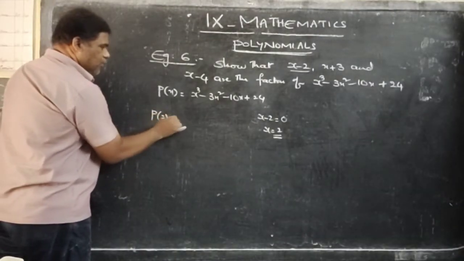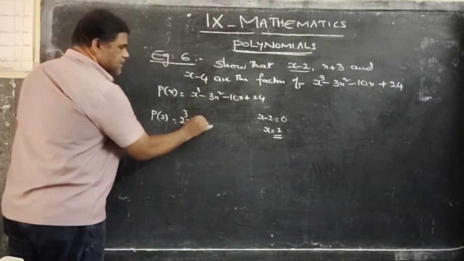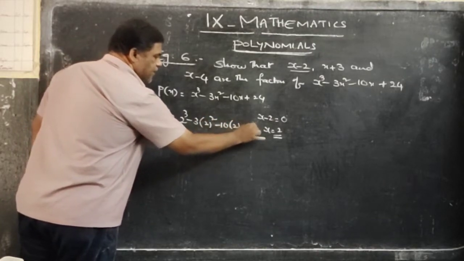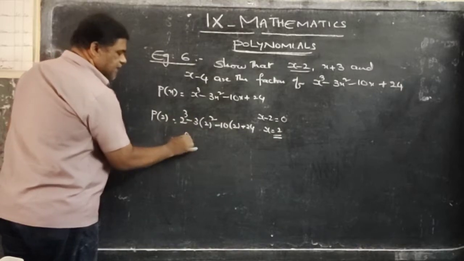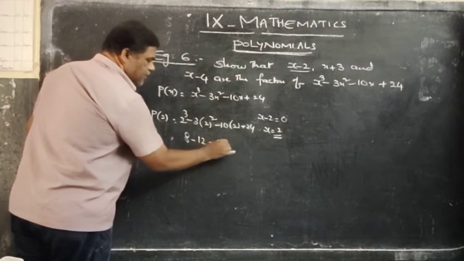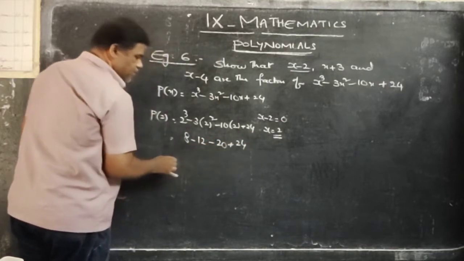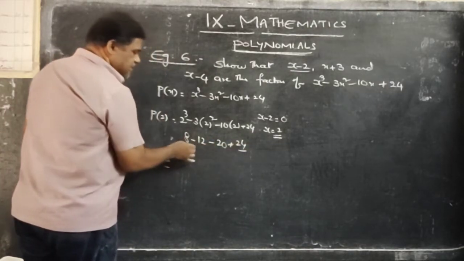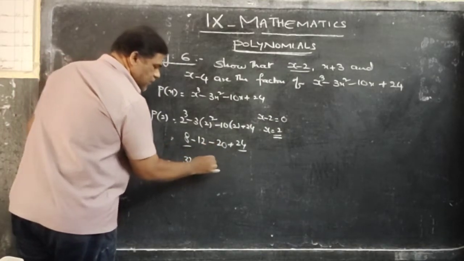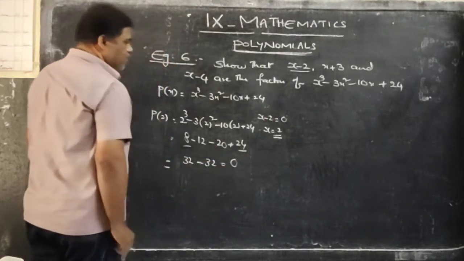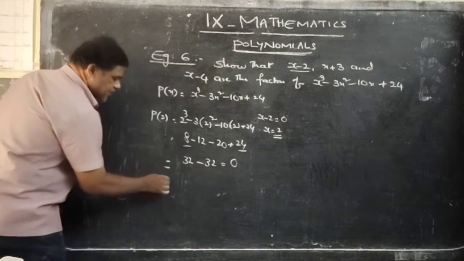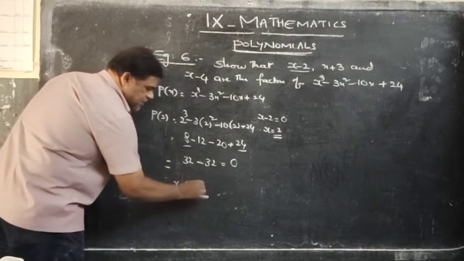So p of 2 is 2 cube minus 3 into 2 square minus 10 into 2 plus 24. 2 cube is 8, 2 square is 4, 4 3s are 12, 10 2s are 20, plus 24. 24 plus 8, the positive numbers sum is 32, minus 20 minus 12 is minus 32, we got 0. On substituting x is equal to 2, we got 0 as the answer. Therefore, x minus 2 is a factor.